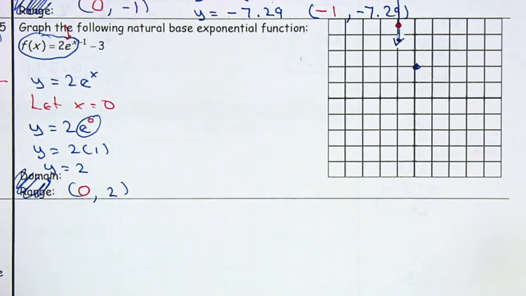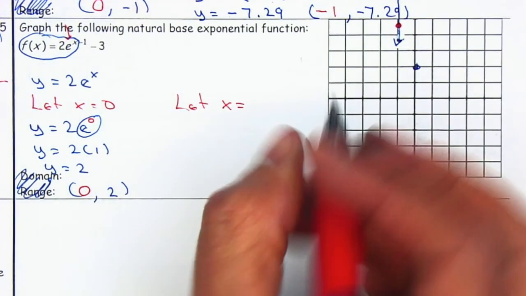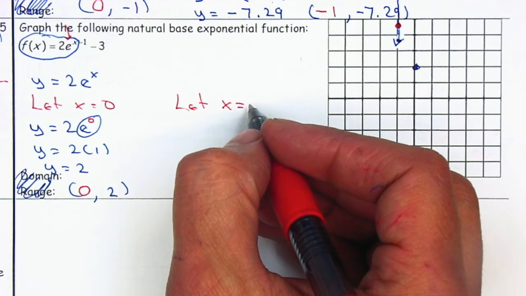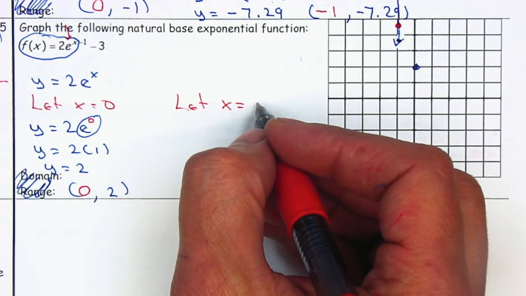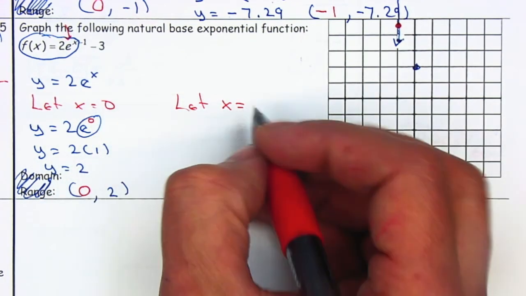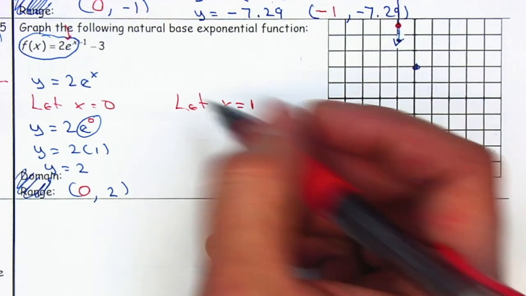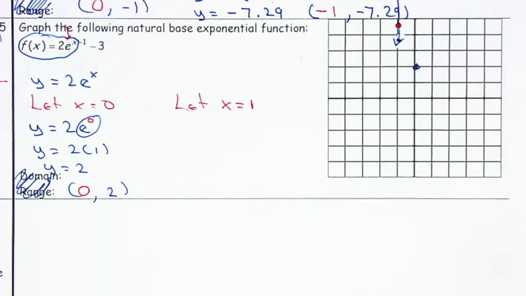Now, I'm going to let x equal to, you can decide to plug in any numbers. But remember, because it's an exponential growth, if you plug in a 5, that's going to give you a very large number. It's easier to plug in 0 and 1, or in the case that the exponent is negative, plug in 0 and negative 1.